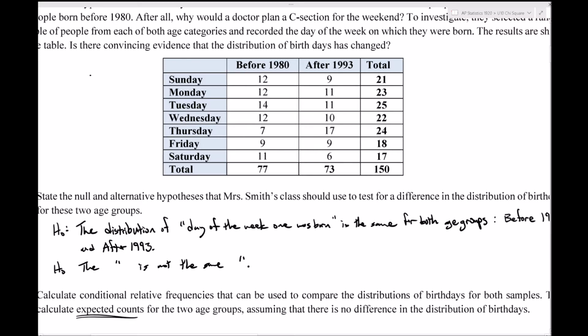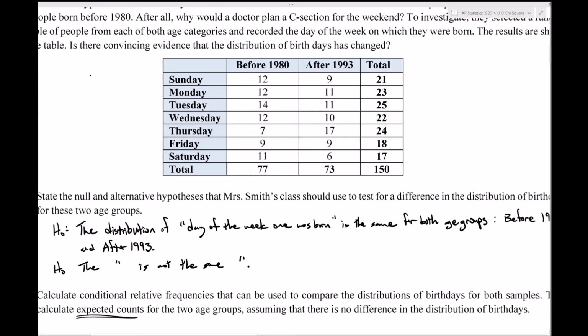And what we do in this situation is we're going to go ahead and assume, so expected counts are going to be calculated under the assumption that we should have a proportional distribution of people born on Sunday for either category. So we have a 12 and a 9. So what should those 12 and that 9 be for either of those cases?